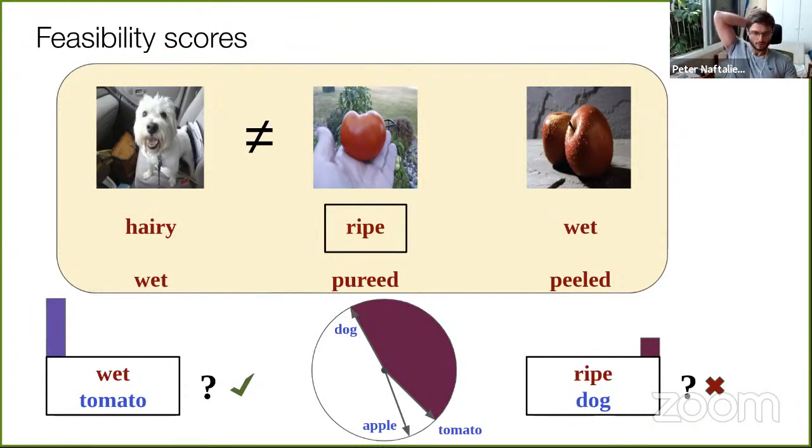Exactly. And while we're on question time, Yuval had another question. Did you try plugging in the learned feasibility score to the previous GCN approach? We are currently doing it.